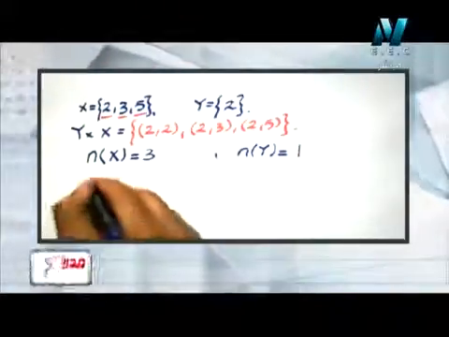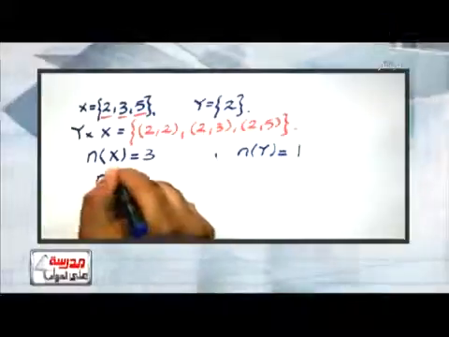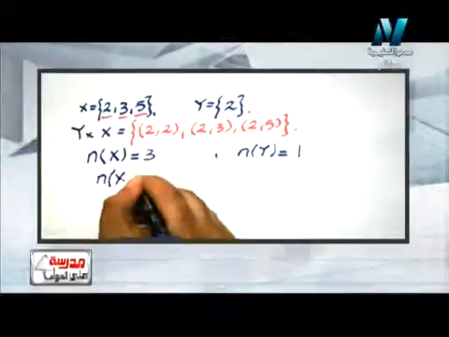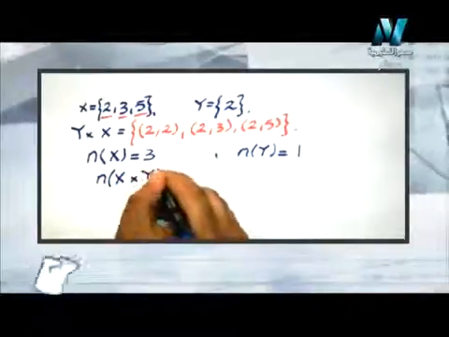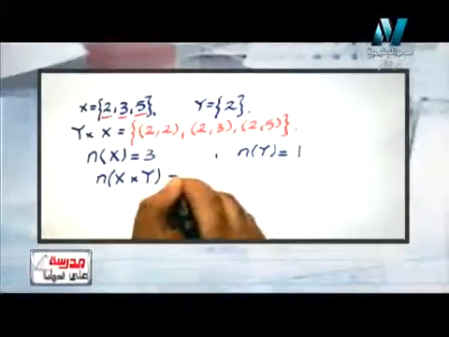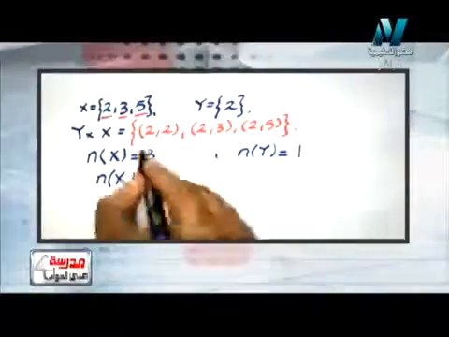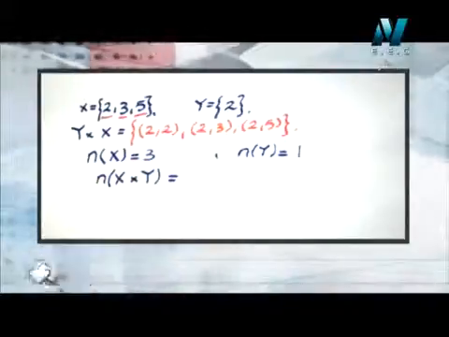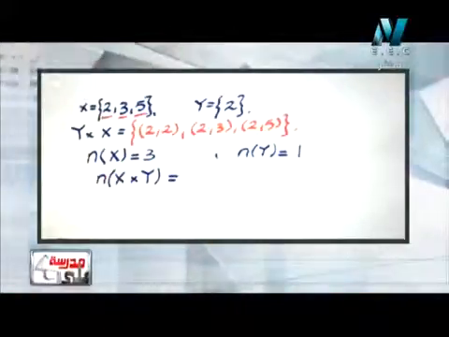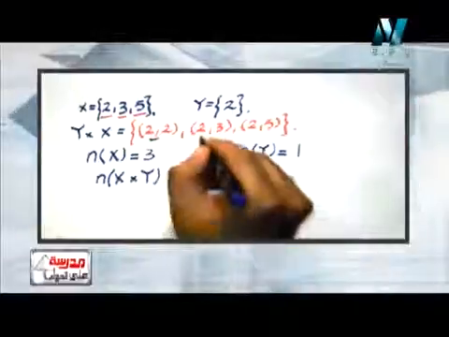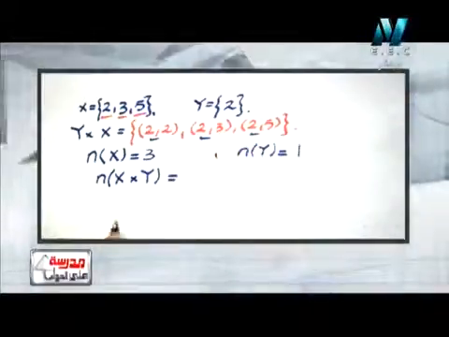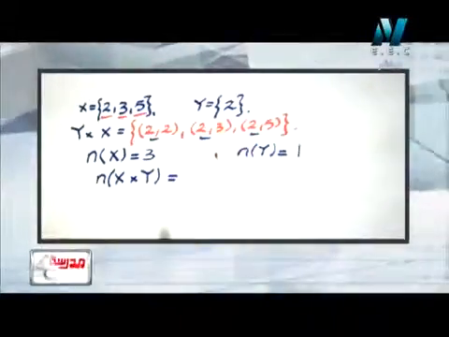Another question: what about n of x product y? Count how many ordered pairs there are. Here we have 1, 2, 3. So n of x product y equals 3.